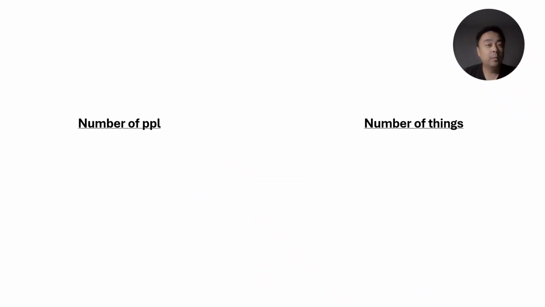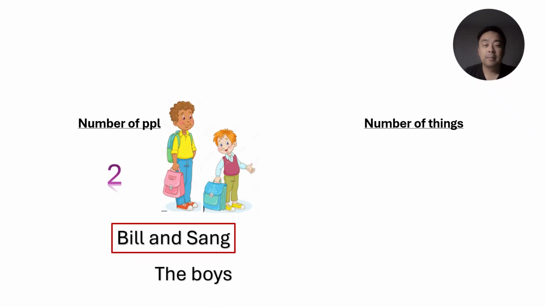Now what happens when we change the number of people? Here I have Bill and Sang. These are the boys, with an S at the end because there is more than one boy. Here I have Bill and Sang. No S at the moment because there's only one Bill and only one Sang.